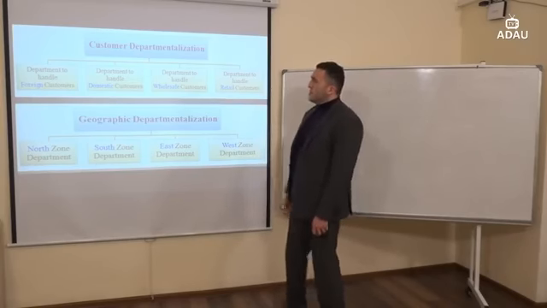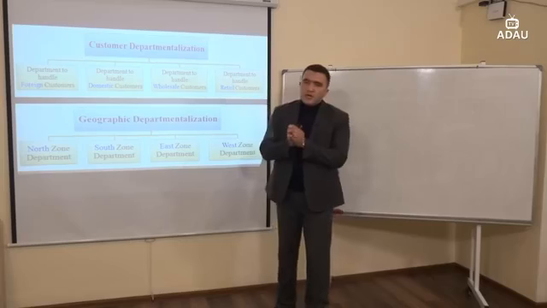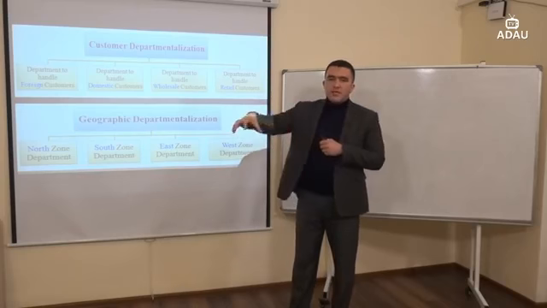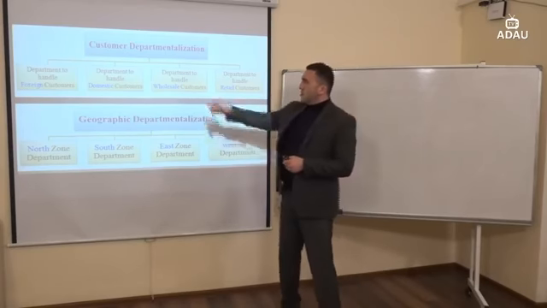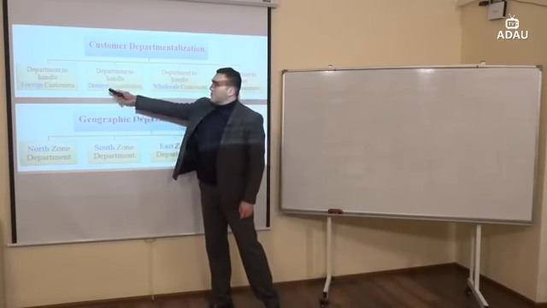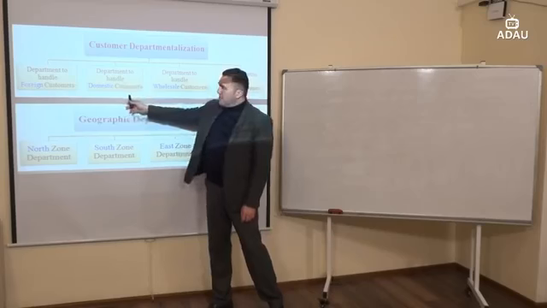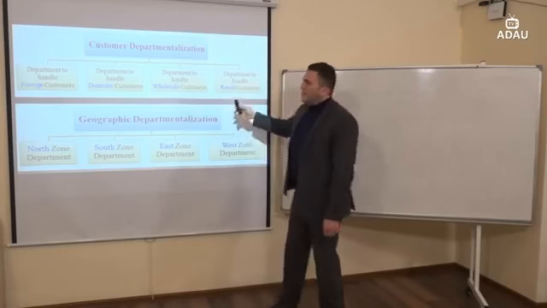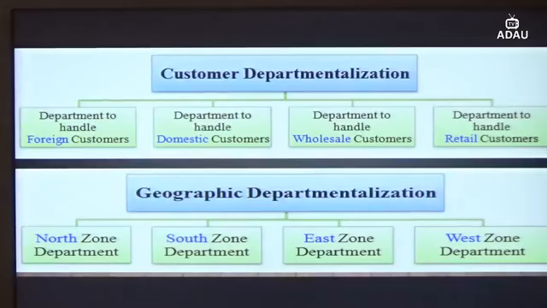This means that we group the activities based on customer groups, like a department to handle foreign customers, a department to handle domestic customers, and departments to handle wholesale customers and retail customers. This is customer departmentalization. And for geographic departmentalization, this is another example: the West Zone department, East Zone department, and South and North Zone departments.